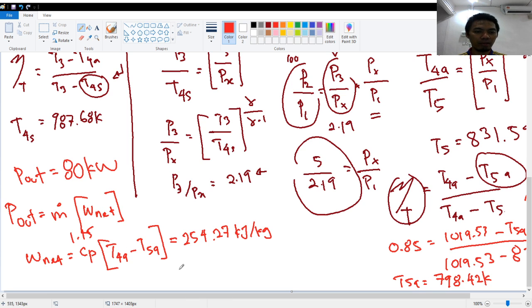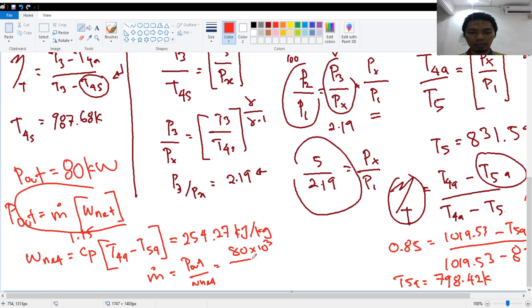Then how to find the m dot? P out divided by work net. Your P out is 80 divided by 254.27, power of 3.